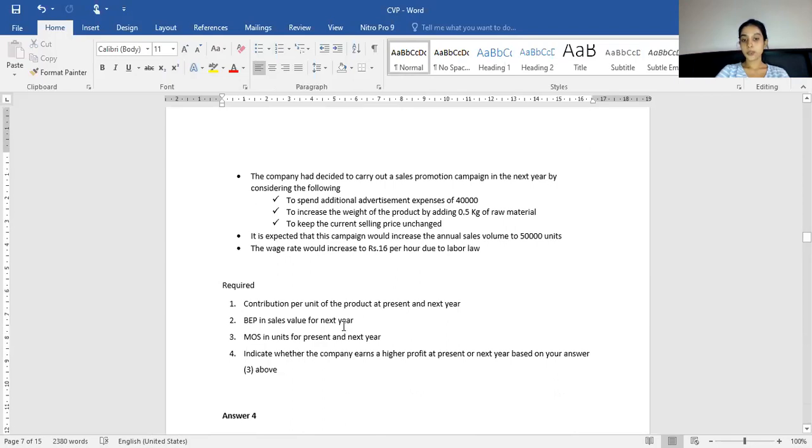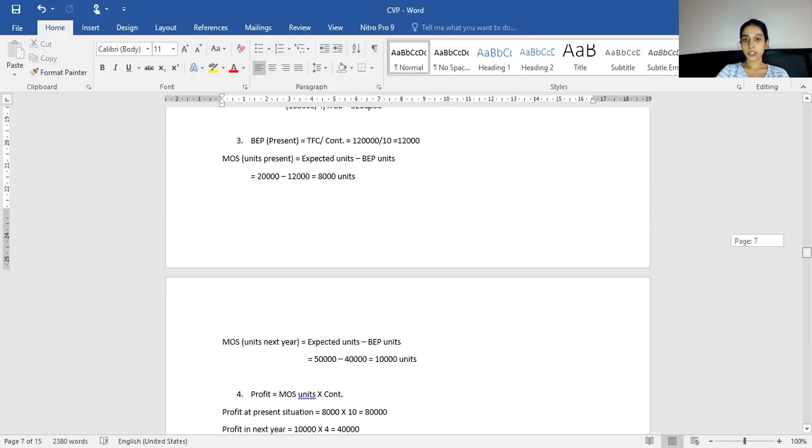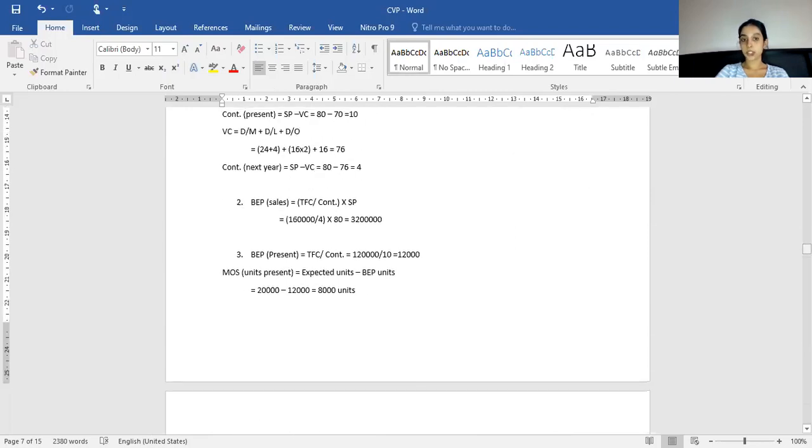And then the MOS in units for present and next year. To calculate the MOS units for present, we need to identify the present break-even point. Our present total fixed cost is 120,000 and we calculated our contribution as 10. So our break-even number of units would be 12,000. In the present situation, how much are they expecting to sell? 20,000.